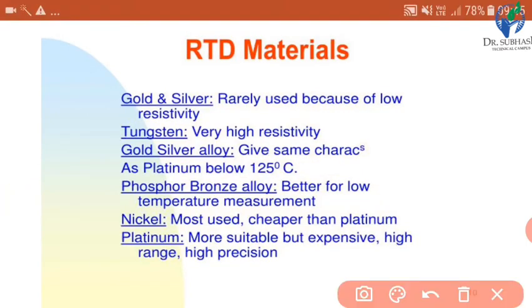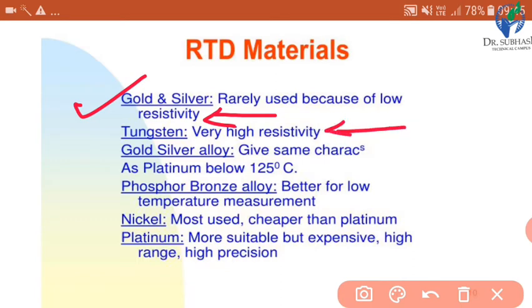Now, which types of materials are used? Gold and silver can be used, but they are rarely used because of low resistivity. Another material that can be used is tungsten, which has a very high resistivity.